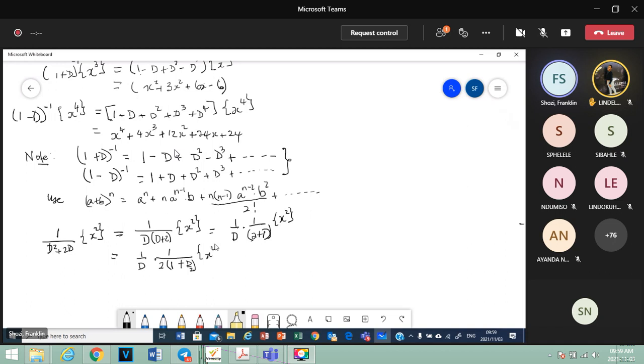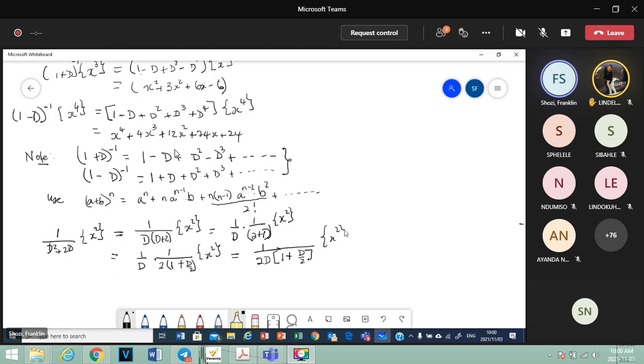So in other words, 1 plus d over 2 is this part, where this d is d over 2. Let me write this quite clearly. So it's 1 over 2d times 1 plus d over 2, acting on x squared.